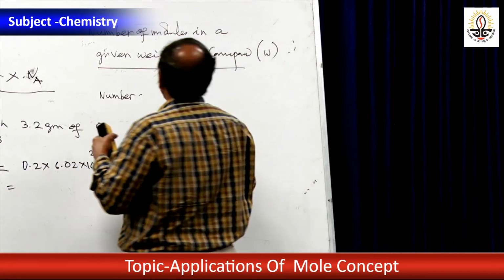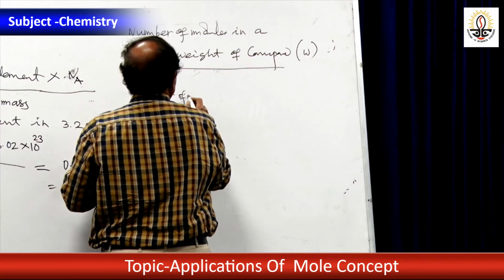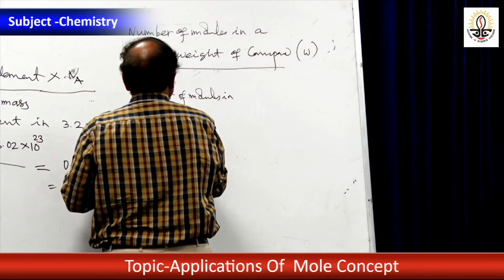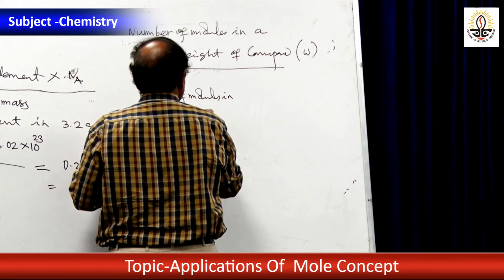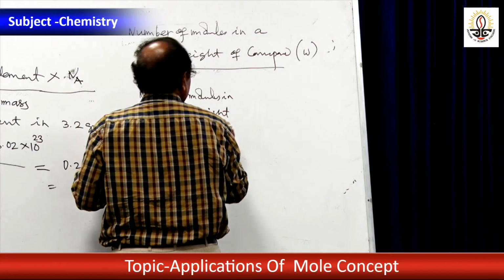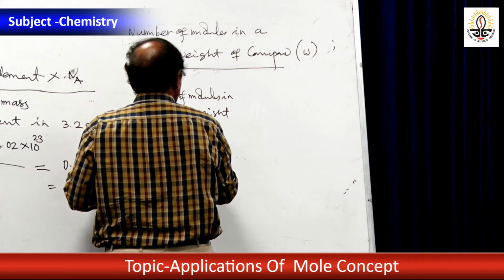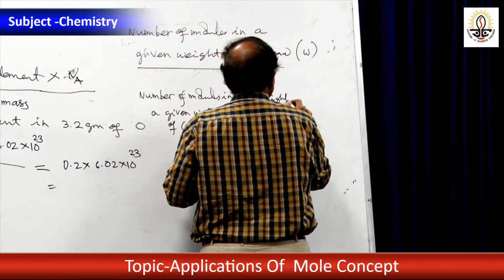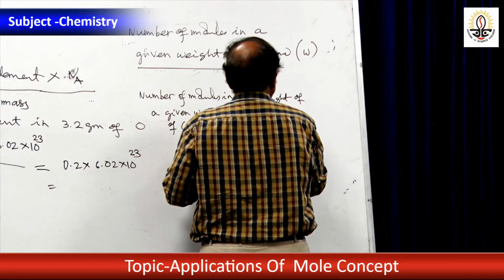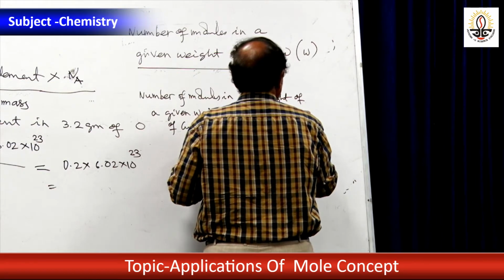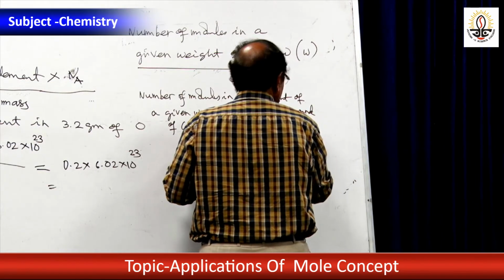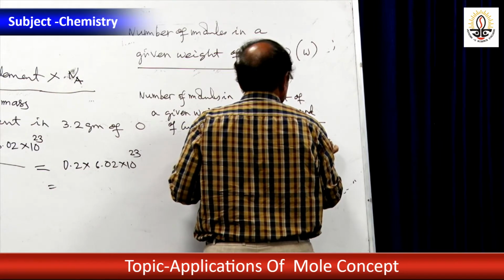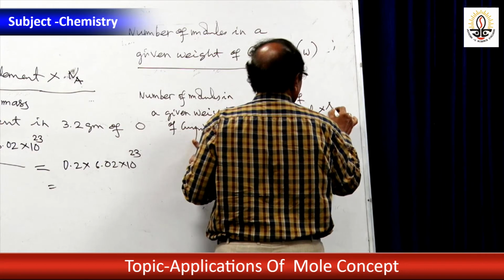So, the number of molecules in a given weight of compound will be the weight of the compound by gram molecular mass, into Avogadro number.